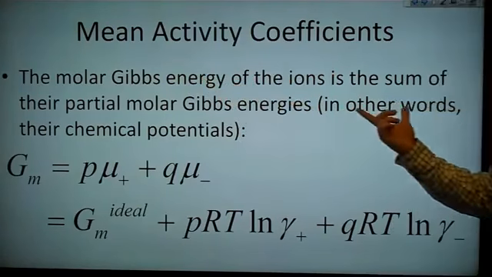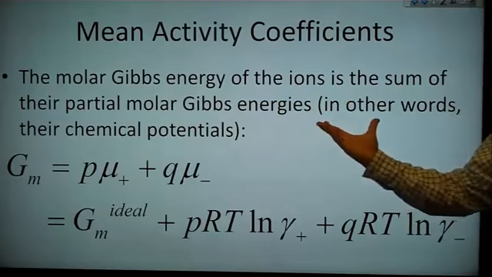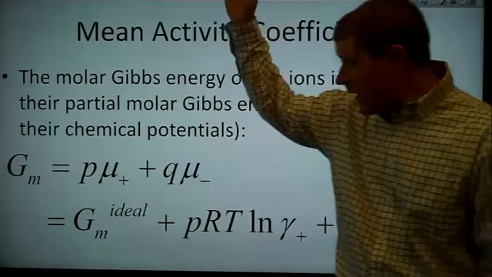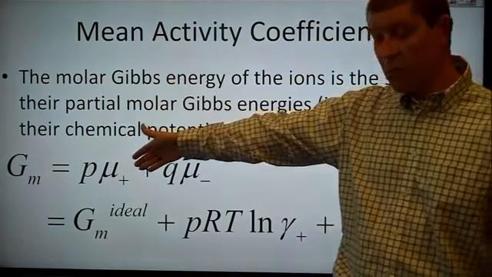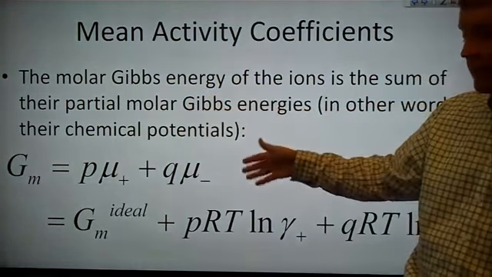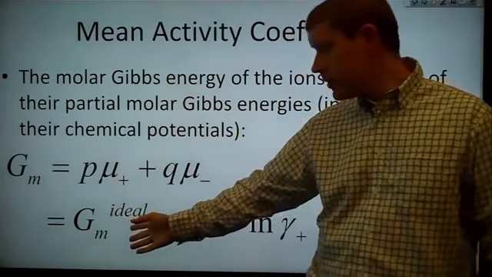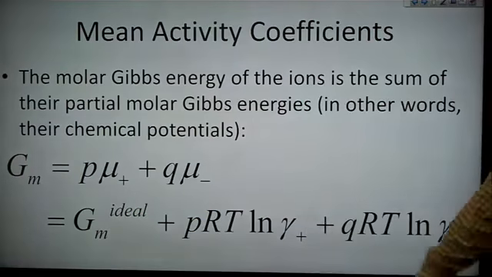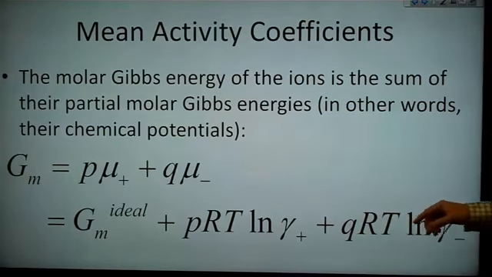So now the molar Gibbs energy of our ions is the sum of the partial molar Gibbs energies, which in other words are their chemical potentials. So the molar Gibbs energy is equal to p times mu plus plus q times mu minus. Well, that's equal to the ideal molar Gibbs energy plus p times R times T times the natural log of gamma plus, plus q times R times T times the natural log of gamma minus.